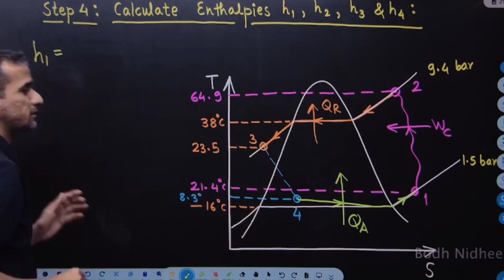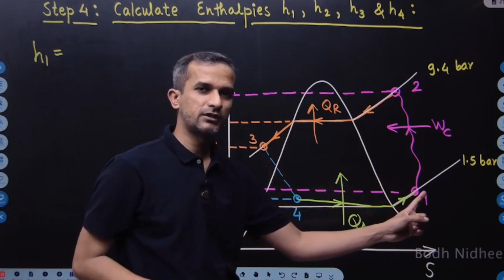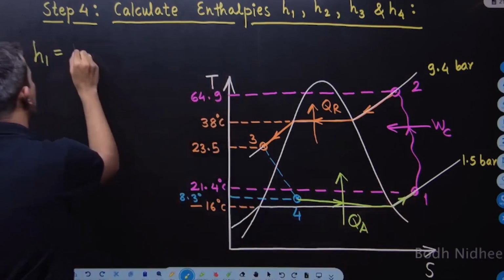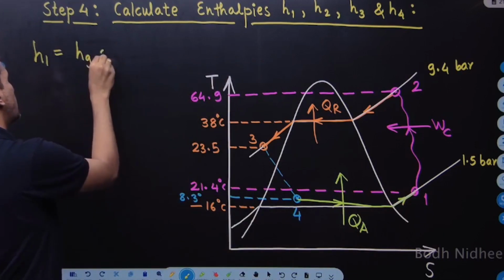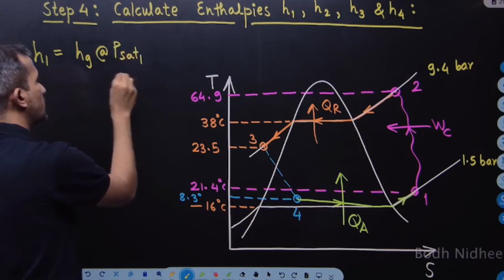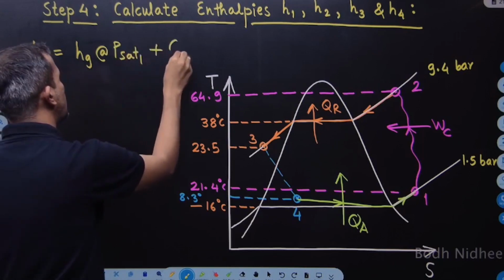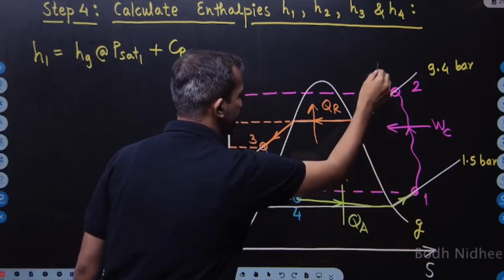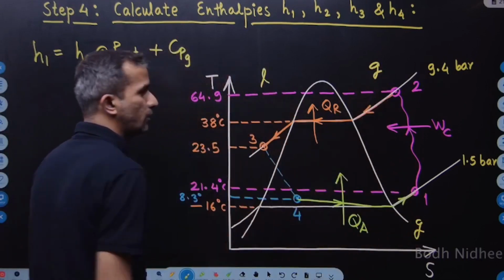What is H1? It is in the superheated zone. So it is Hg plus Cp delta T. Which Hg will we have to take? We will take it at the lower pressure, Psat1, from the refrigerant table, plus Cp in the gaseous phase, because it is in the gaseous phase. This is the gaseous phase, this is the liquid phase.